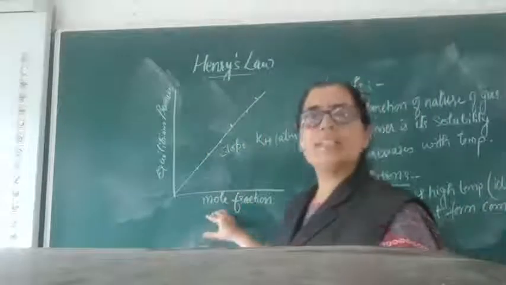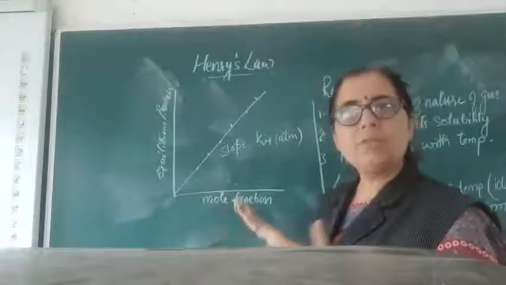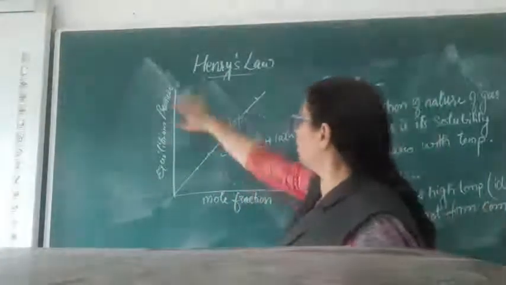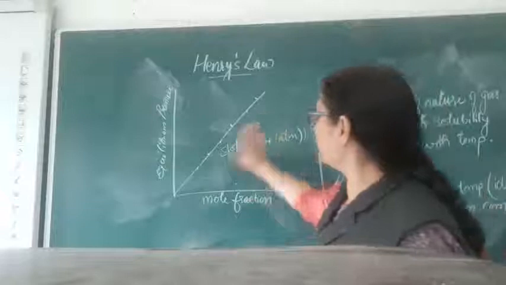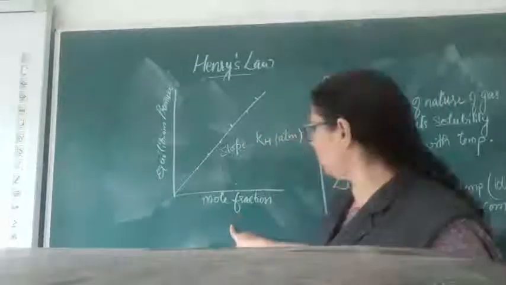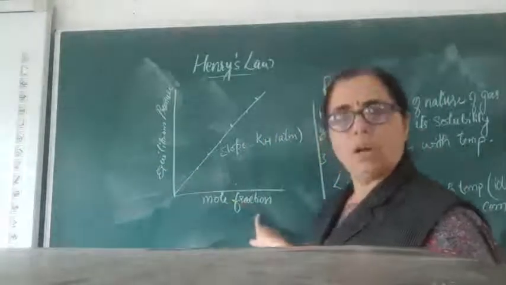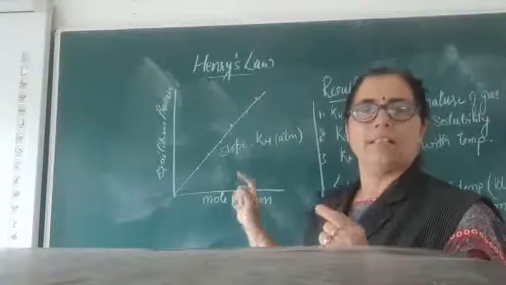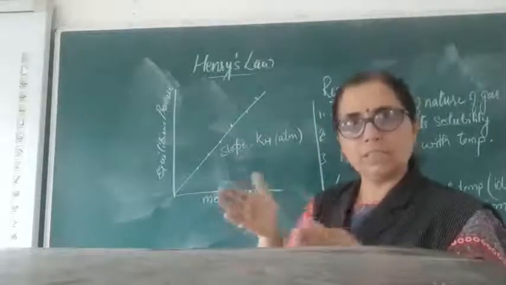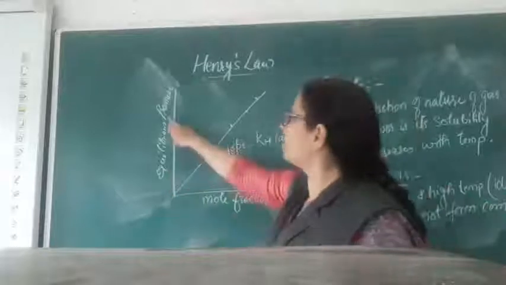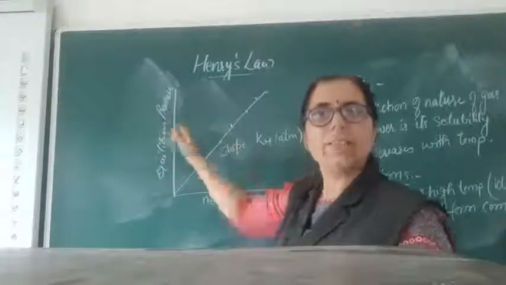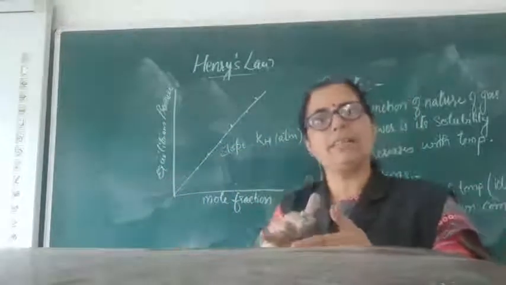Now children, you can see this. Here we can see the slope also. We can make one graph in which you can see this slope. This graph is between the mole fraction of the gas that is soluble in the given amount of liquid and its equilibrium pressure. That means the pressure exerted by the gas.